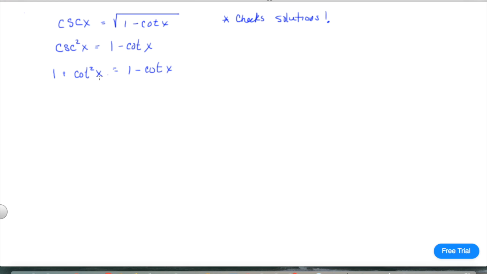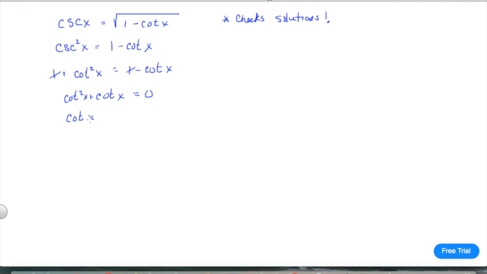So now let's go ahead and set it equal to 0 and see if anything will factor. If I subtract 1 from both sides, 1 will 0 out. So I will have cotangent squared x plus cotangent x is equal to 0. Now just like when I'm solving for a squared function, I'd see if I could factor, which I can.